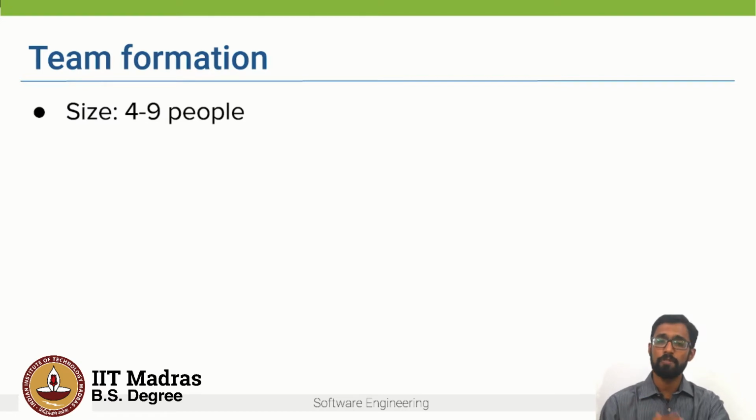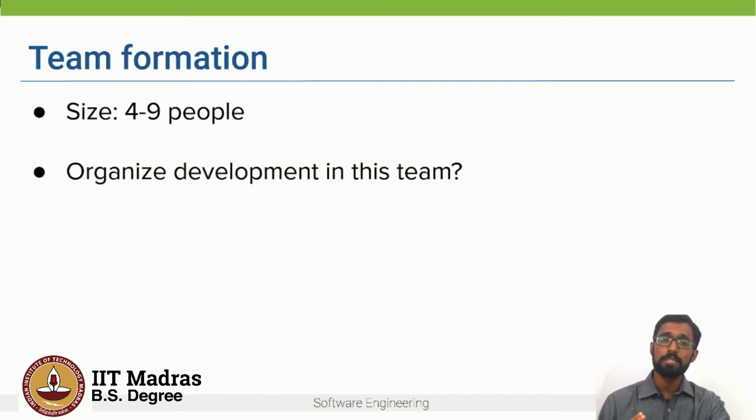Of course, this varies from company to company. Now the question is, if you have this team, how do you organize development in this team? There are various strategies and frameworks, and we will be looking at one of them in this video, which is known as Scrum. Let's see what Scrum looks like.